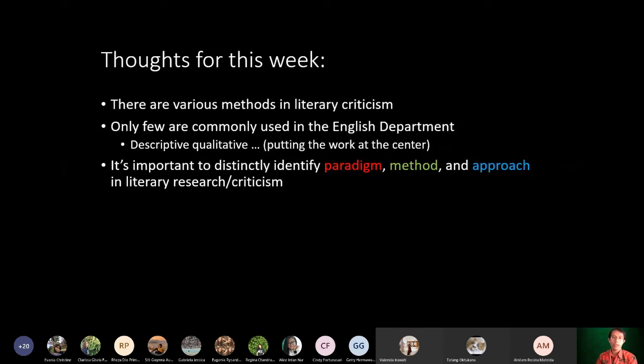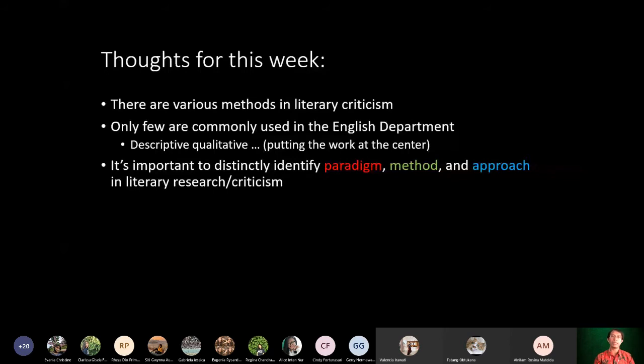Now, for this week, I want you to keep in mind that we have a lot of methods in literary criticism. But there are only a few methods that students have so far used in the English department, here and elsewhere, at Universitas Machung or in other universities. So I hope you can go beyond what people have done and try something else.